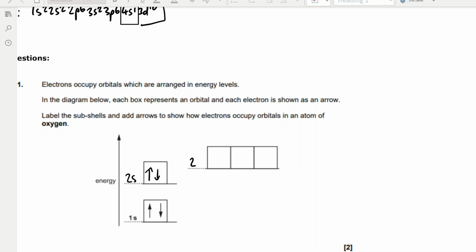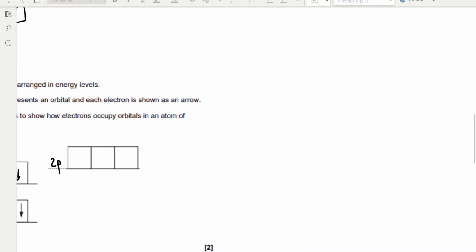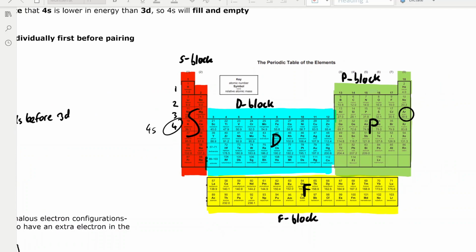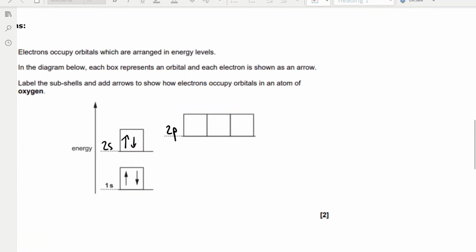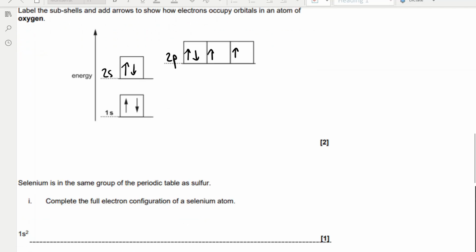So this is the 2p subshell here, and if we have a look at oxygen, it has 1, 2, 3, 4 electrons in the p subshell. So we need to singly fill the orbitals first, remembering from earlier that orbitals fill singly, then they pair up. Only this orbital to the left is going to have a complete pair of electrons. These two orbitals will remain singly filled.